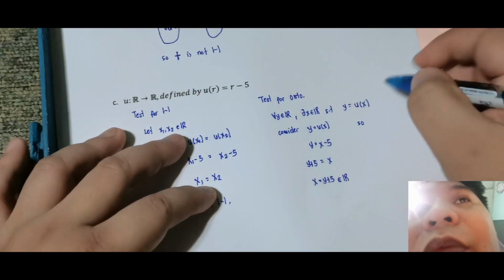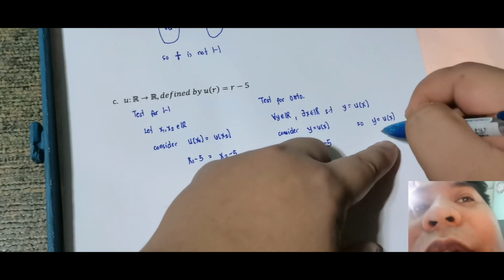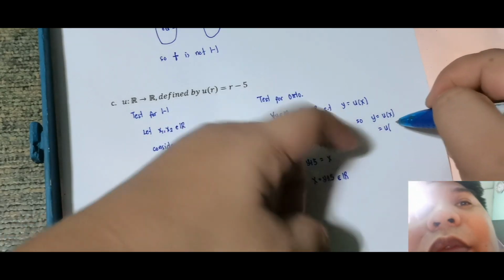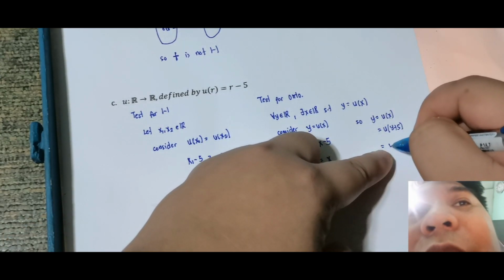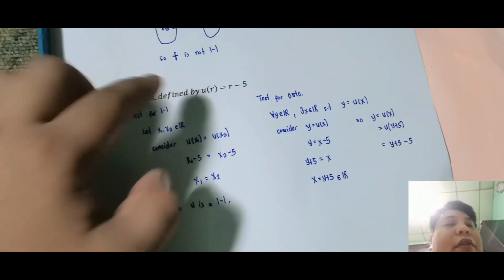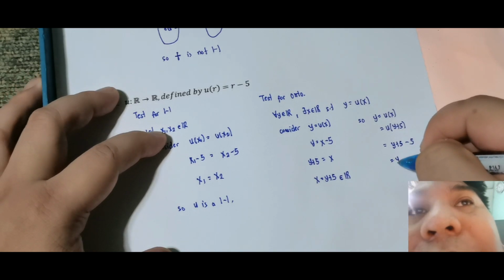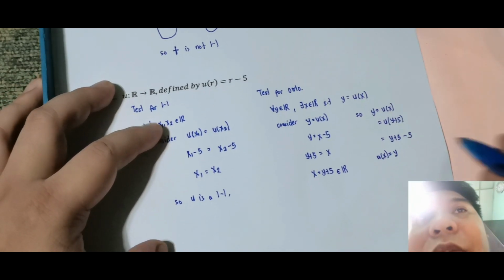Okay, so yung y is equal to u of x ay equal sa u of y plus 5, which is equal sa y plus 5 minus 5, which is equal sa y. So u of x is equal to y.